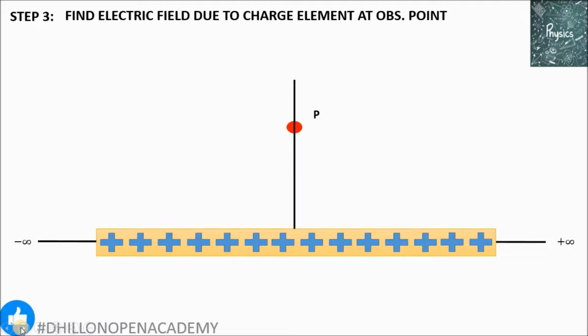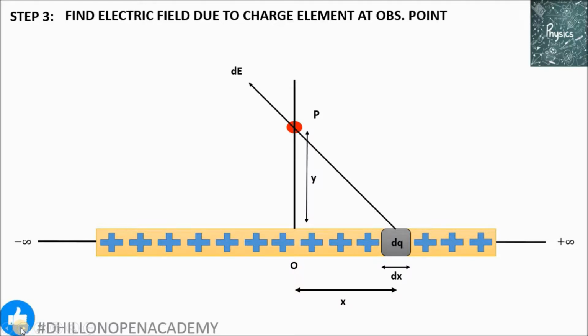Third step, finding the field due to this element at the observation point. So if we place a test charge q naught at the observation point, then the charge dq is going to repel the test charge q naught at point P in the straight line direction as indicated on your screen. Because we are finding the electric field only for an infinitesimally small charge, the electric field at point P will also be indicated by dE.